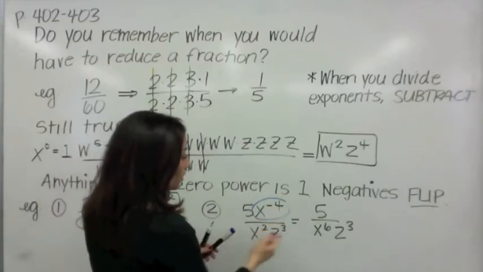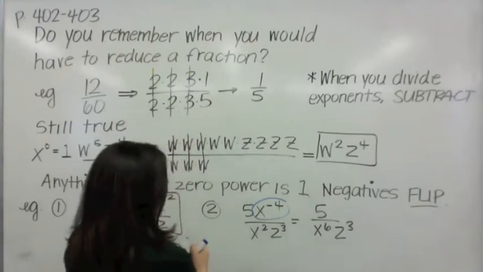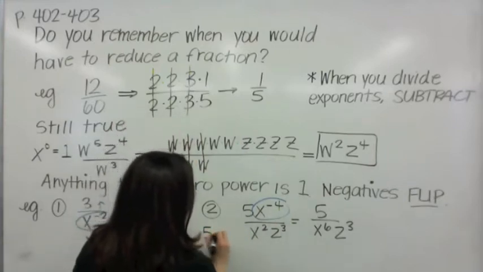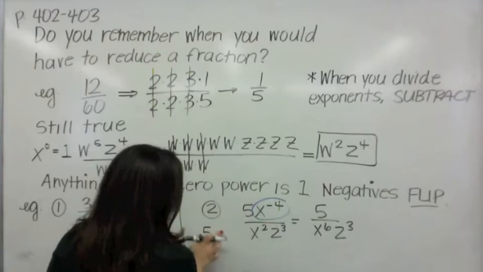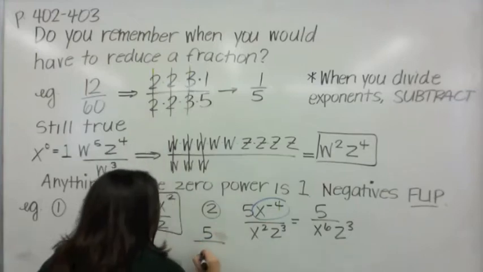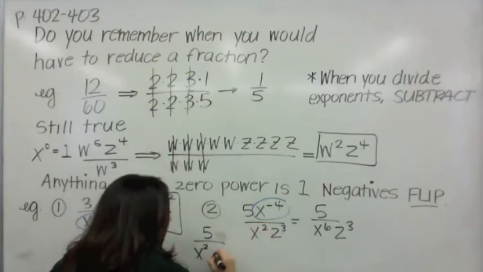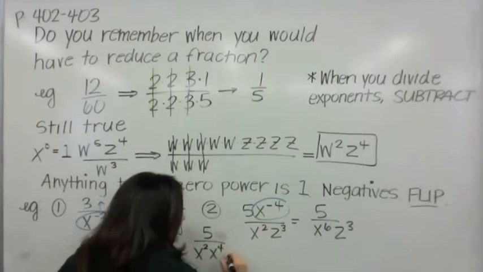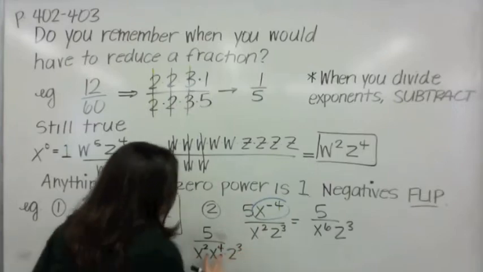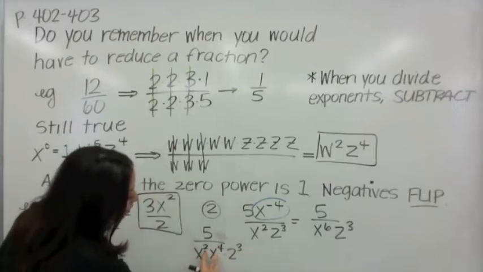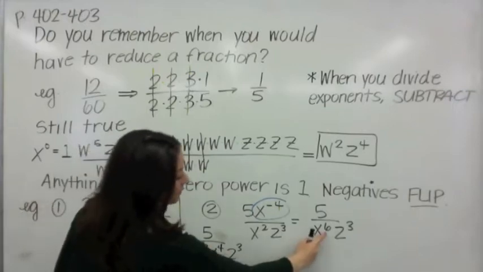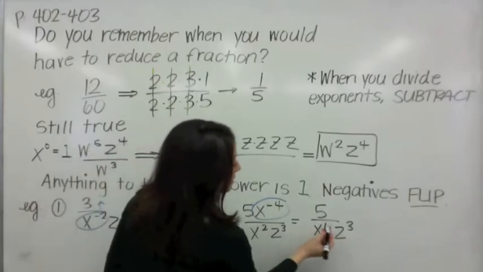Let me just show you this really quick. When you bring it down and it becomes positive, then you have x squared, and x to the power of 4, and then multiply it by z cubed. So 2 plus 4 is 6, times z cubed.